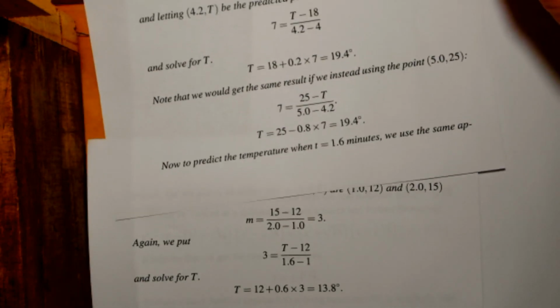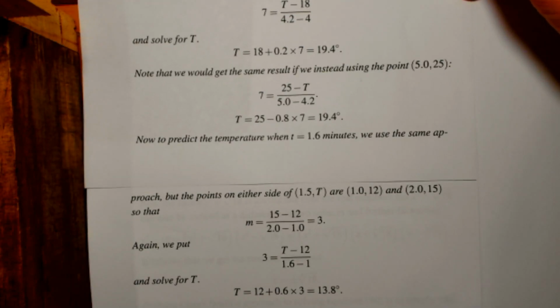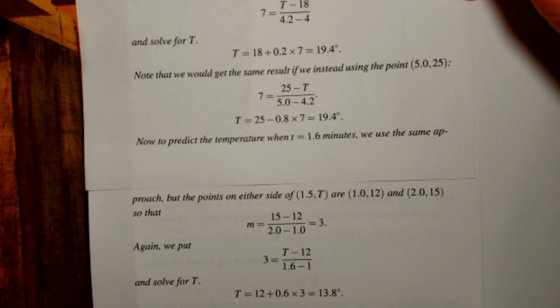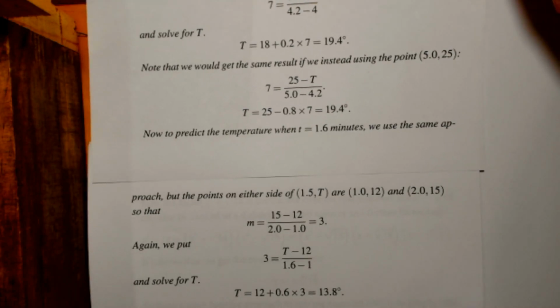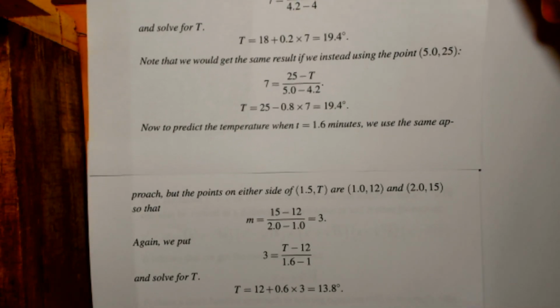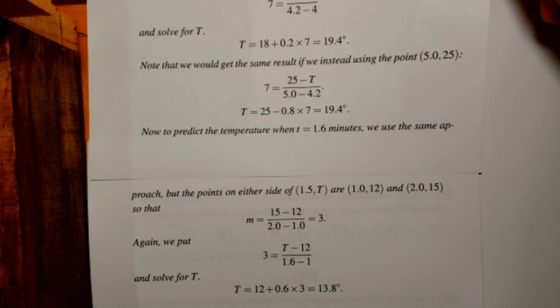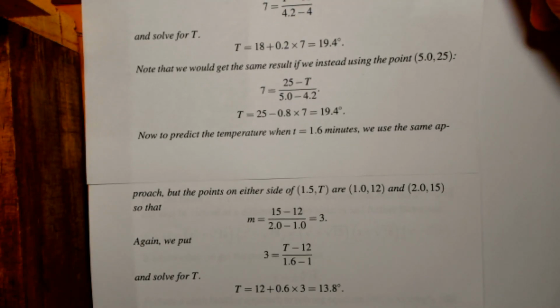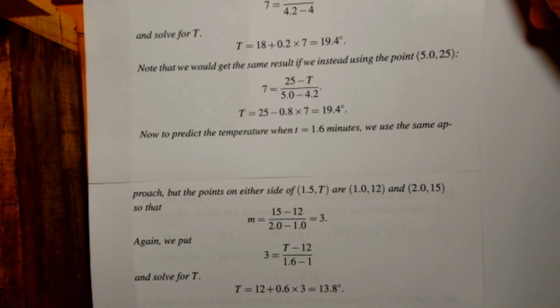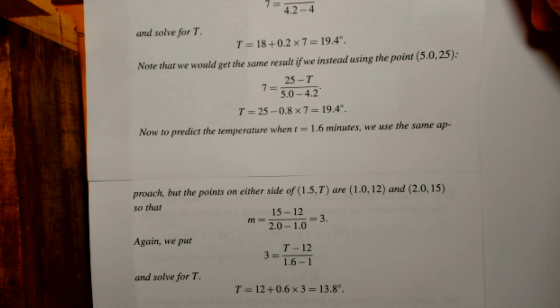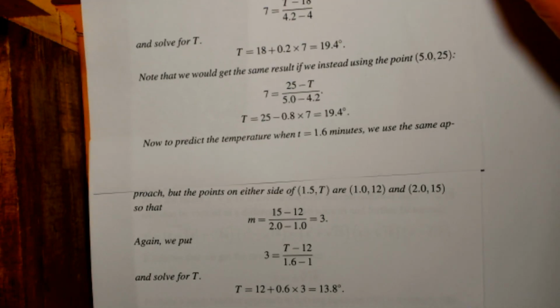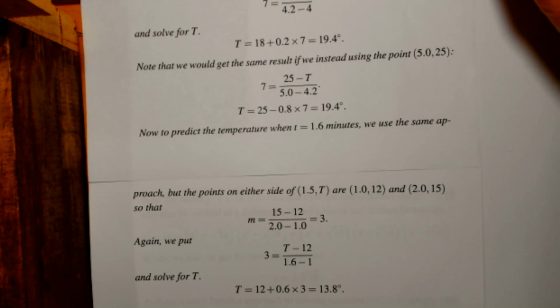Okay, so now at the bottom here it says to predict the temperature when t is 1.6 minutes, we use the same approach, but the points on either side of 1.5 are 1.012 and 2.015. We take the slope of the line segment connecting those 2 points.